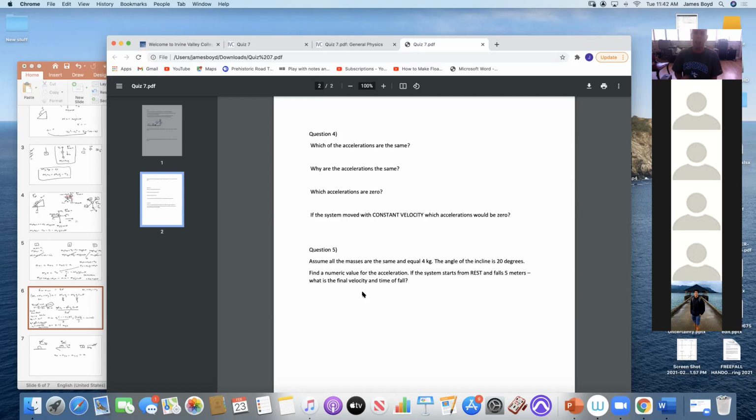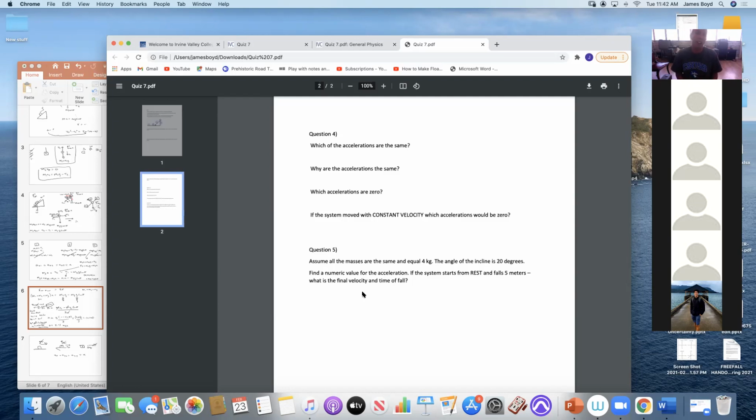Yes. For number 4, for the last part, I said that if velocity is constant, all the accelerations would be 0 because the rope is stretchless. Is that correct? Yeah. It's because constant velocity means that the acceleration isn't changing. Remember that acceleration is the time rate of change of the velocity.